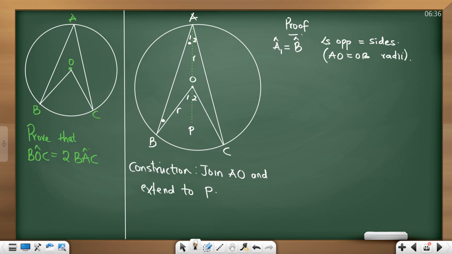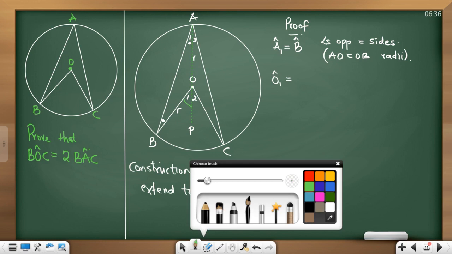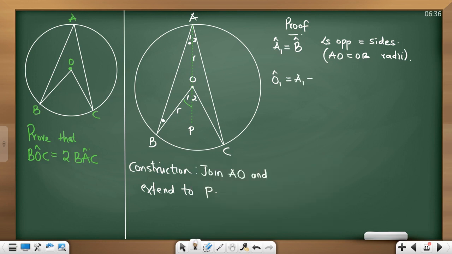Sweet. Now, let's look at O1. This angle O1 here. Do you notice it's touching my extended line? From lesson 1, it now becomes an exterior angle. Therefore O1 is equal to angle A1 plus angle B. What's the reason?